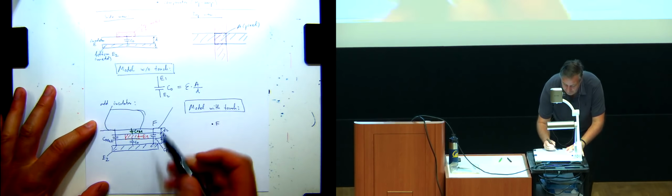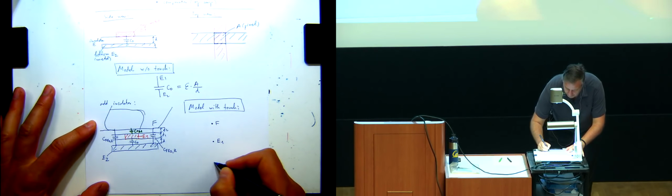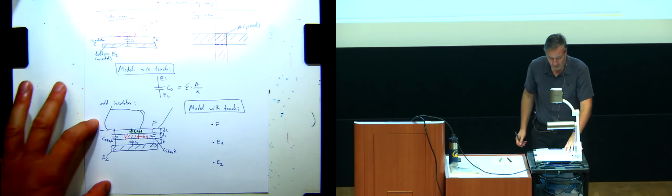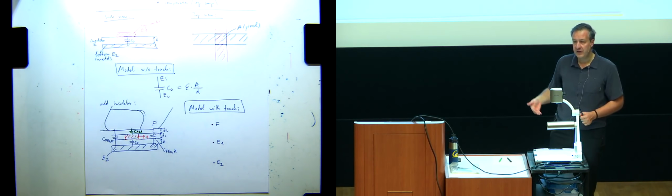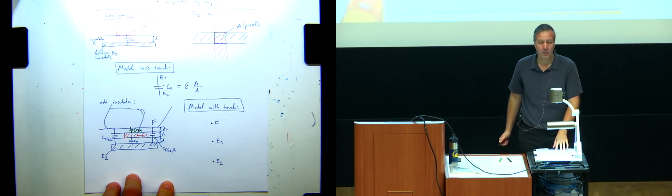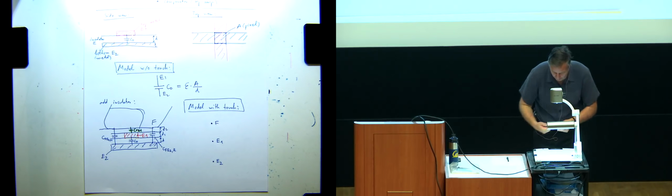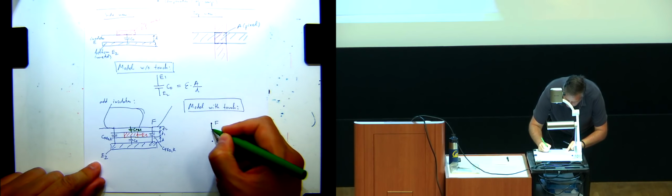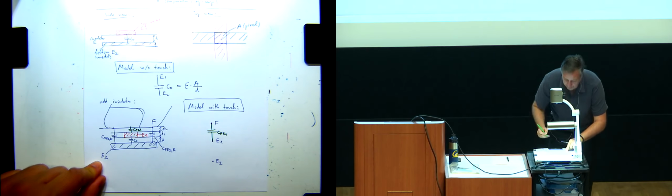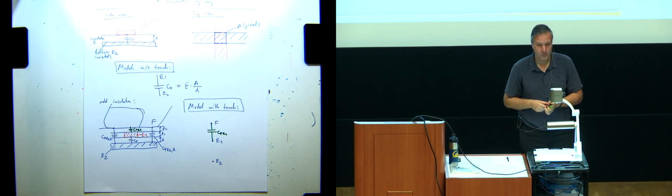So let's see which nodes we have here. We have node F, that's our finger. We have node E1. And then we have node E2, that's the bottom electrode. And so now, let's go between the nodes and see what elements exist. What is the element between node F and node E1? Yeah, CFE1. That's this green capacitor. So I'll just draw it as it was drawn over there, right? So this was CFE1. Between E1 and E2, that one is easy.